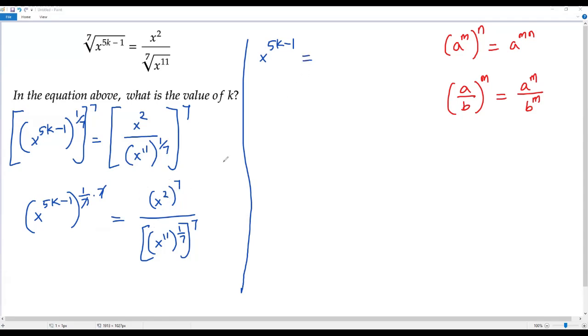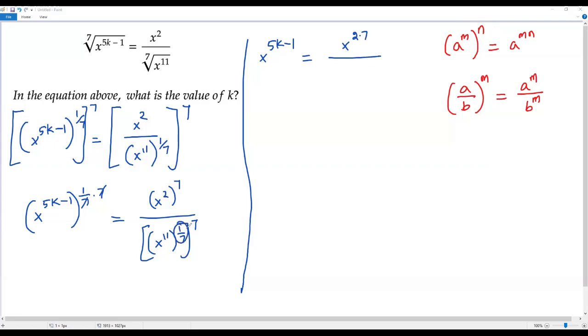Already we have discussed the properties of exponents over here. Whenever we have a to the mth power whole to the nth power, we need to multiply the two exponents. Now x squared whole to the power 7 is in the form of a to the mth power to the nth power. So we multiply the two exponents 2 and 7, and I'm getting x to the power of 2 times 7 over, again the same thing.